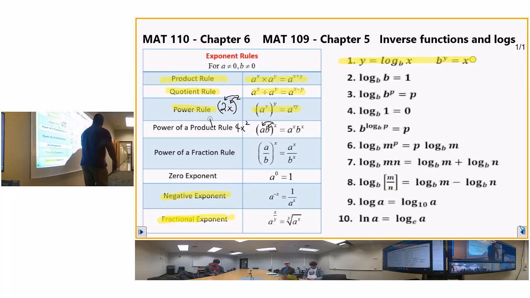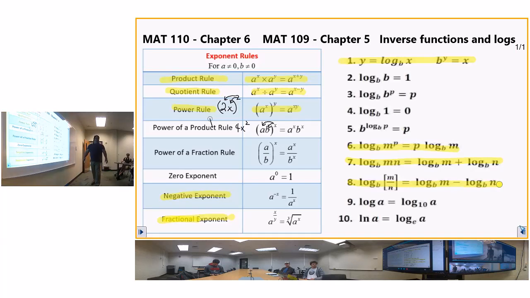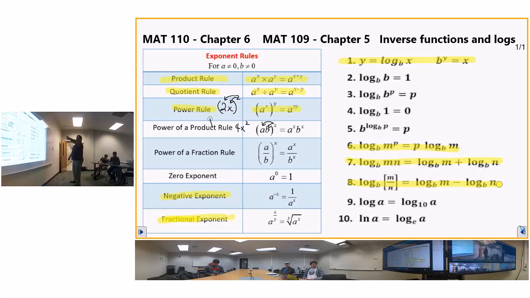If your base for the log and the exponent base are the same, then your answer is P. These are just kind of properties. And then you get into these. This is the power rule. This is the product rule. This is the quotient rule, which are basically derived from what? Your exponentials.